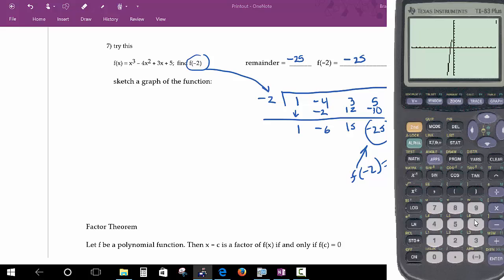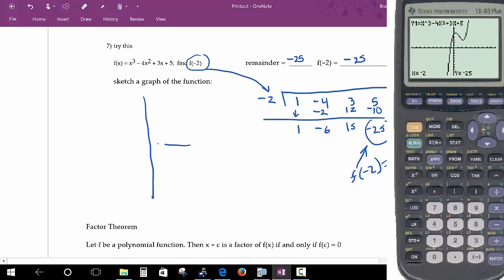And really all you have to do to verify your answer is type trace and plug in the -2, and -25 comes out. That's what the remainder theorem basically is. Does that make sense? So it is giving you a function value.